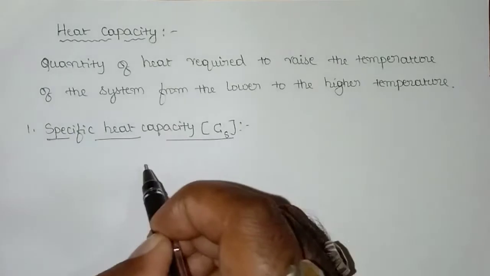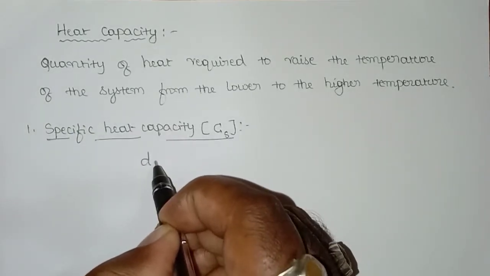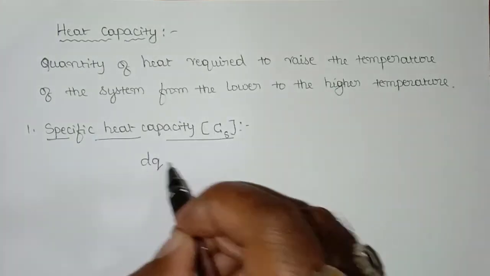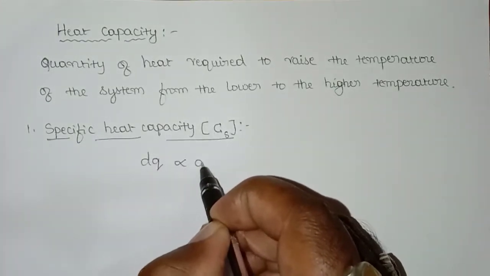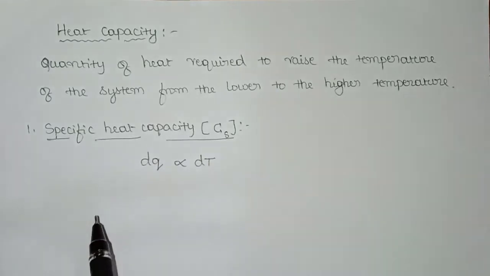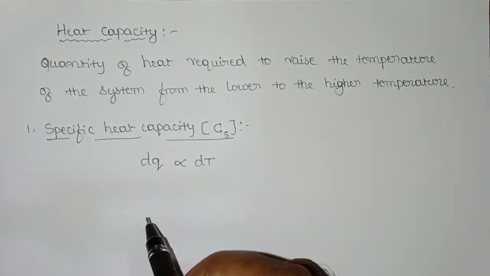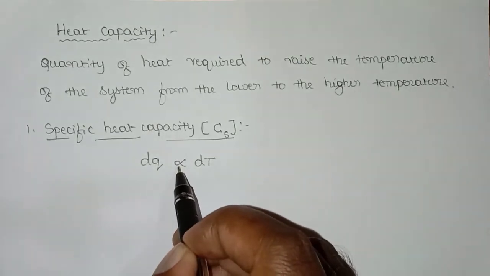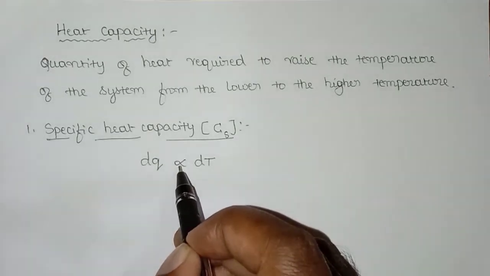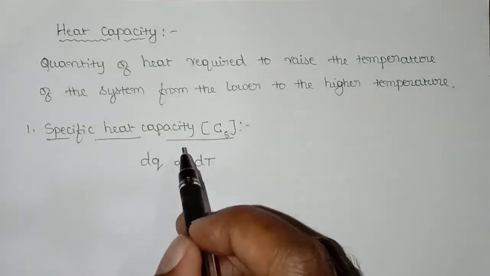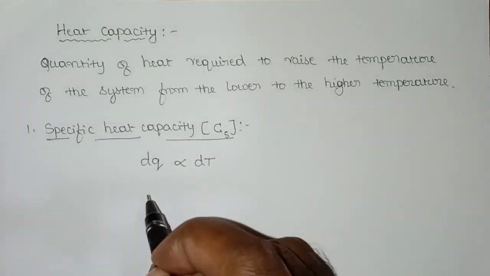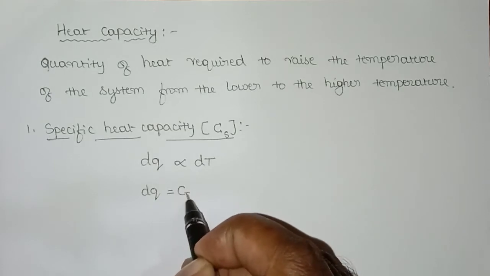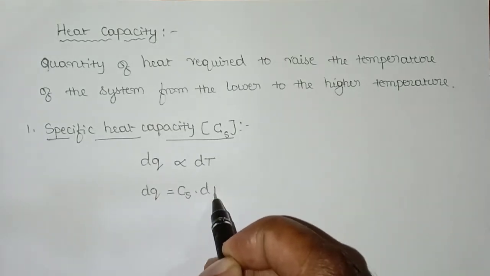We can say that a small change in heat energy of a system is directly proportional to the change in temperature, that is dq is directly proportional to dT. But we are not supposed to leave any mathematical expression with a proportionality symbol, which has to be removed by adding equals so as to insert a constant. So dq equals Cs into dT.